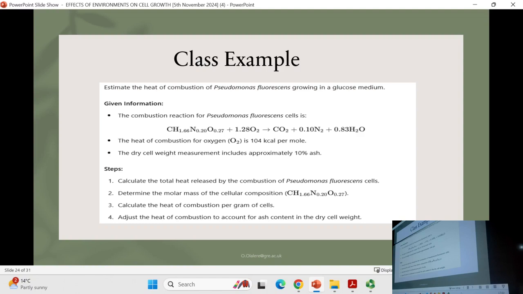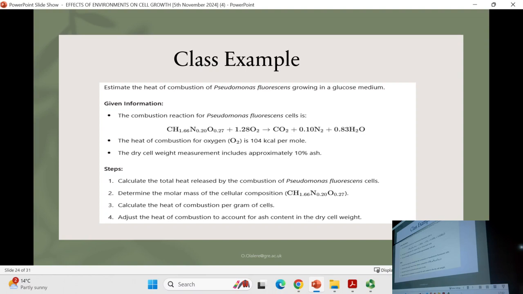Then for pH, at which pH can this one withstand? And what is the oxygen requirement? Now let's look at this question. Given the combustion reaction for Pseudomonas fluorescens cells is this. You remember this kind of equation? So the heat of combustion for oxygen, we have it as 104 kilocalorie per mole, right?